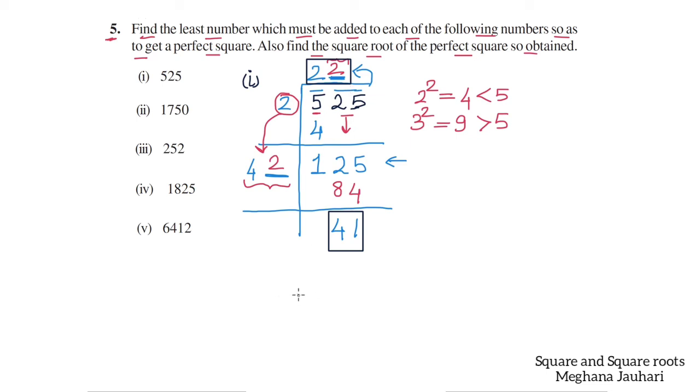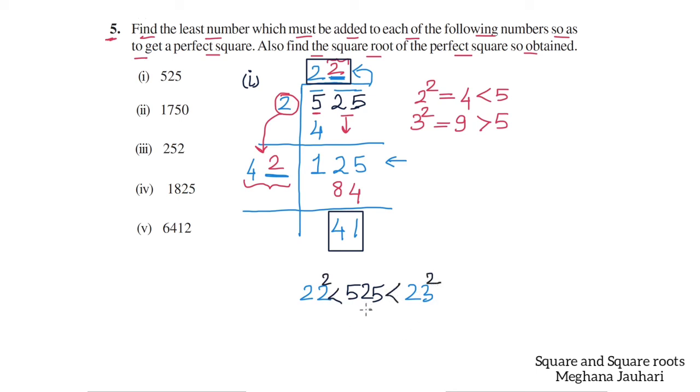And hence the smallest number whose square is greater than 525 is 23. In other words, the number 525 lies between the square of 22 and the square of 23.